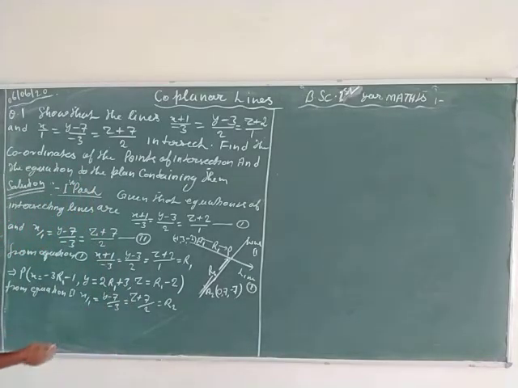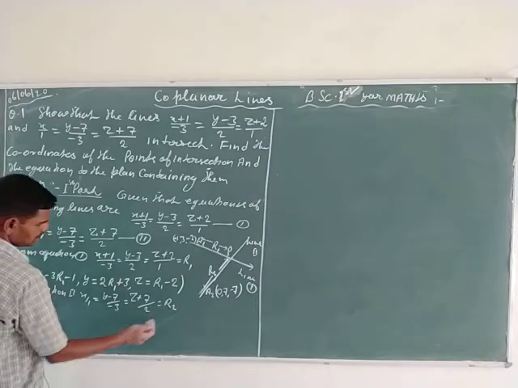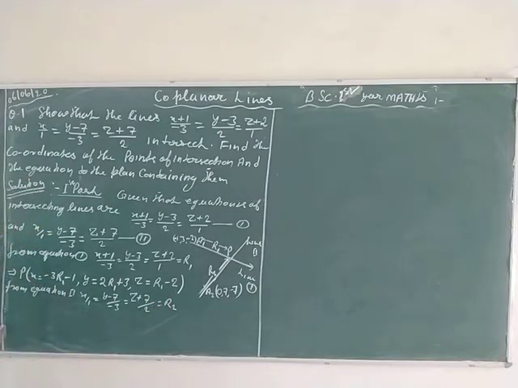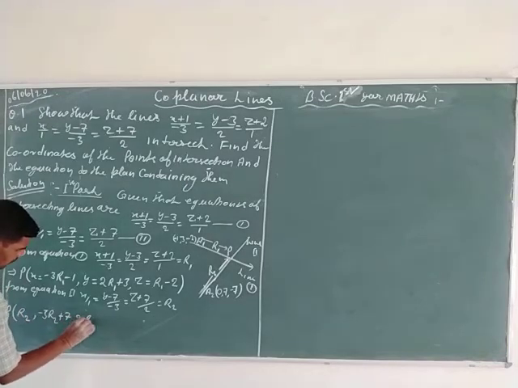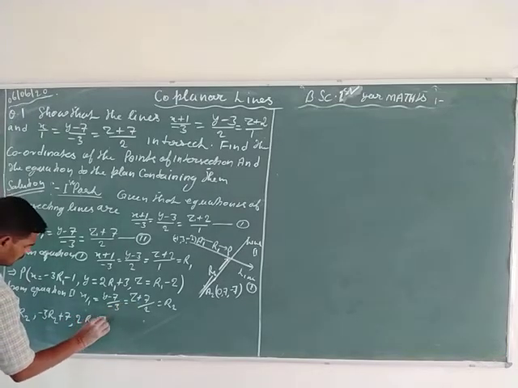After simplification, taking the first and last ratio, the second and last ratio, and the third and last ratio, the coordinates of P are r2, minus 3 r2 plus 7, and 2 r2 minus 7.